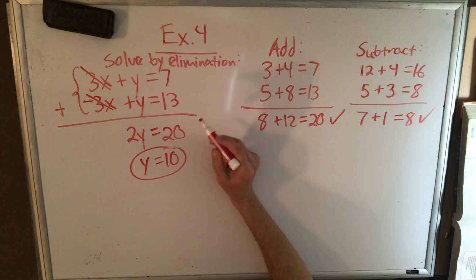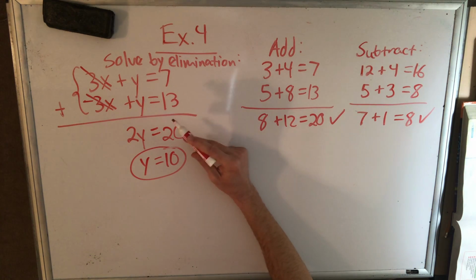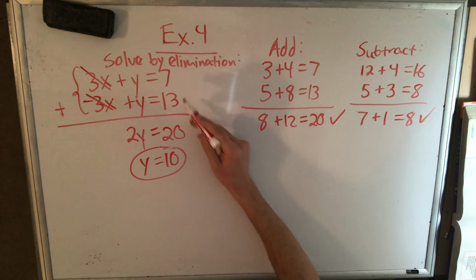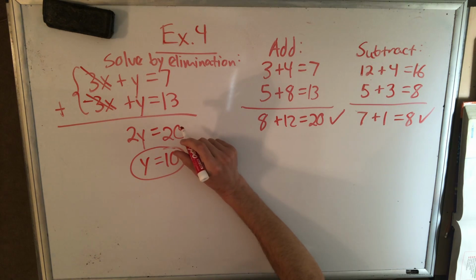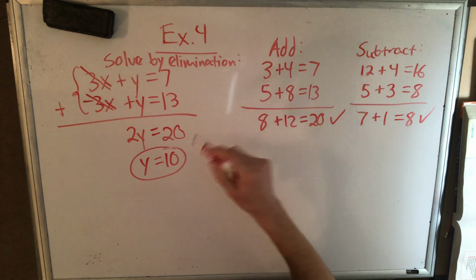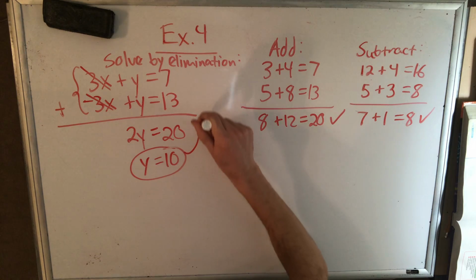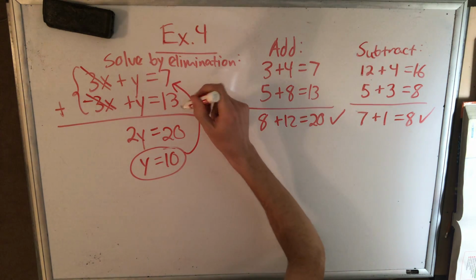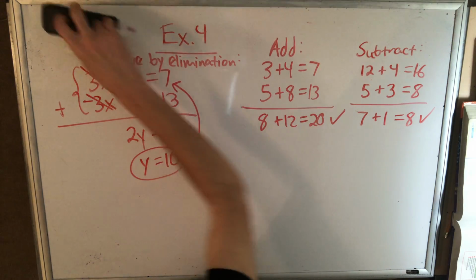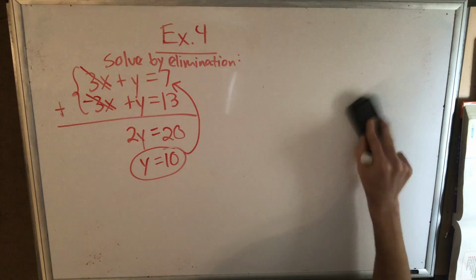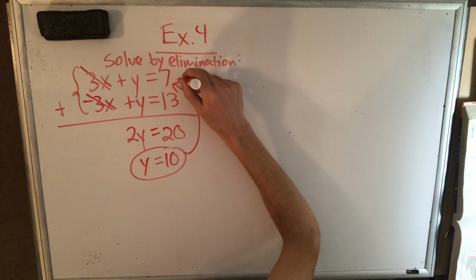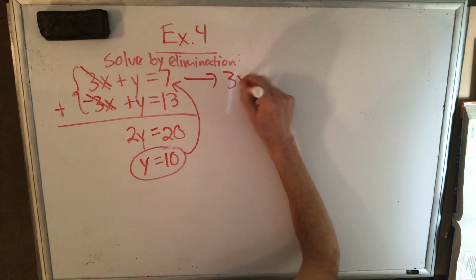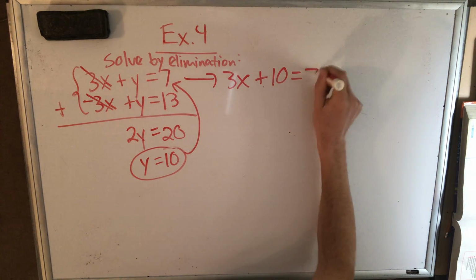And then to find x, substitute in 10 for y in either of the equations given to us in the problem. Let's substitute it into the top equation. That would be a little bit easier since all the terms are positive and the numbers are smaller. That's going to be 3x plus 10 equals 7.